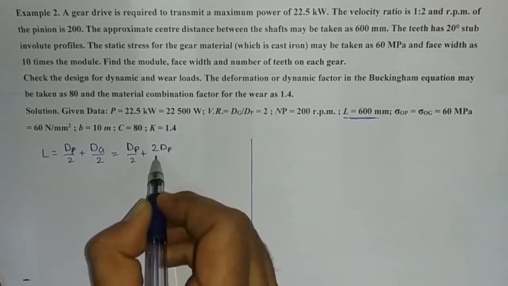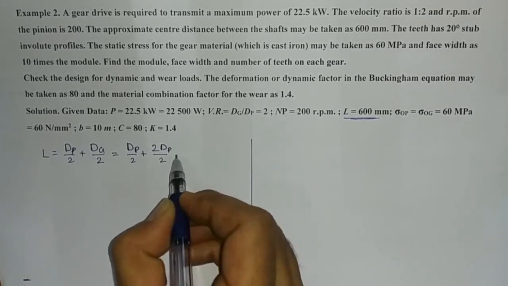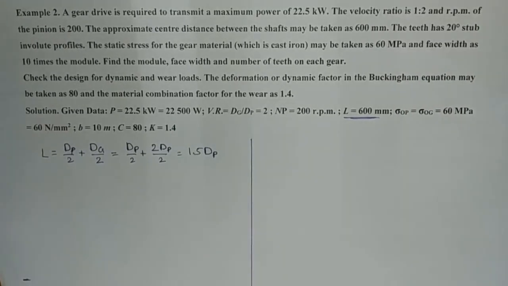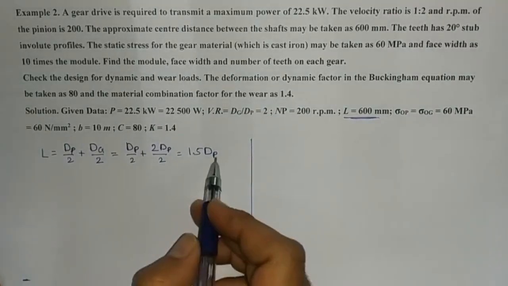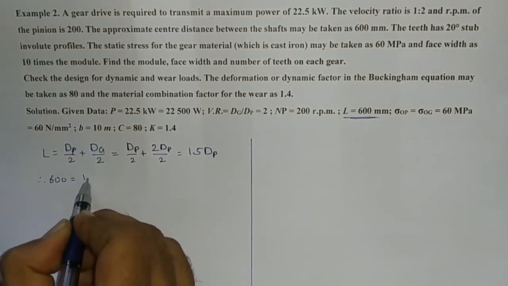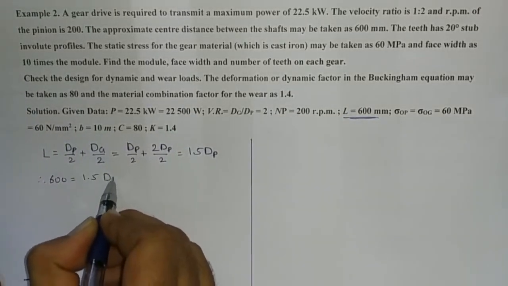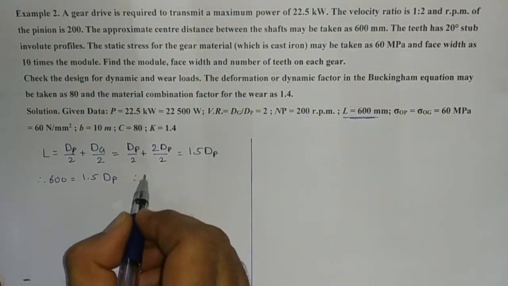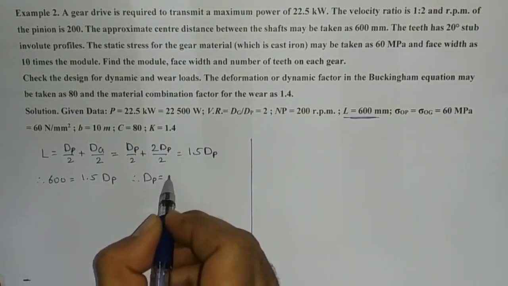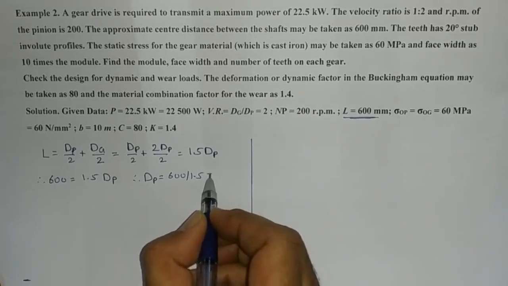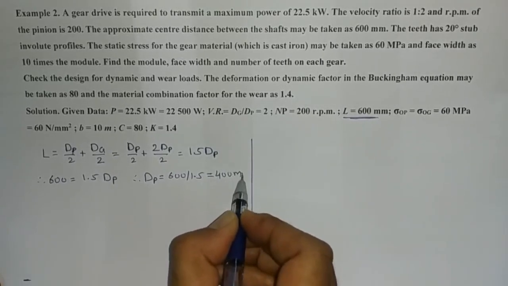Putting this, L is equal to dp by 2 plus 2 dp by 2, which is 1.5 dp. And you know that the center distance is equal to 600, so 600 is equal to 1.5 dp. Therefore dp is equal to 600 by 1.5, which is 400 mm.